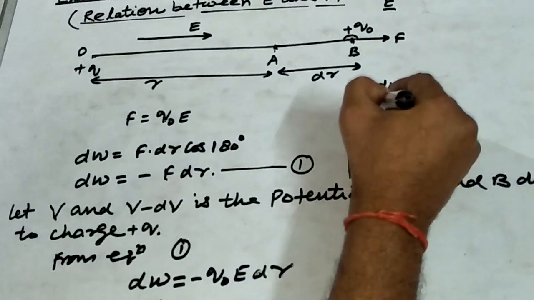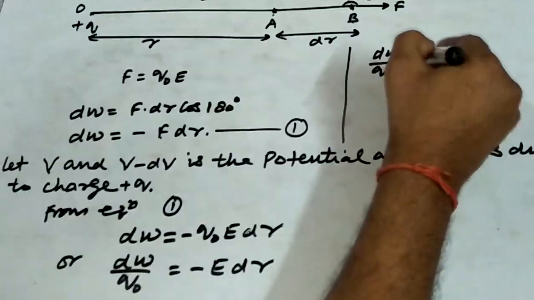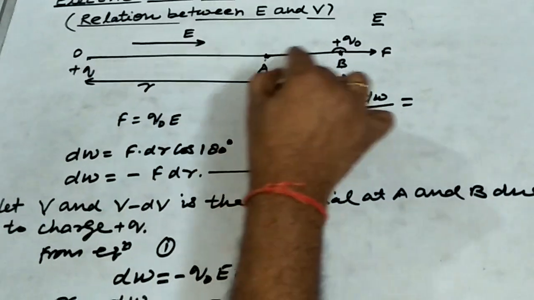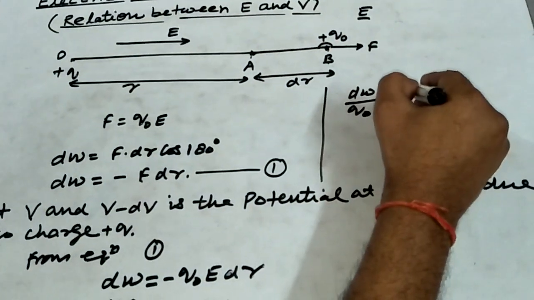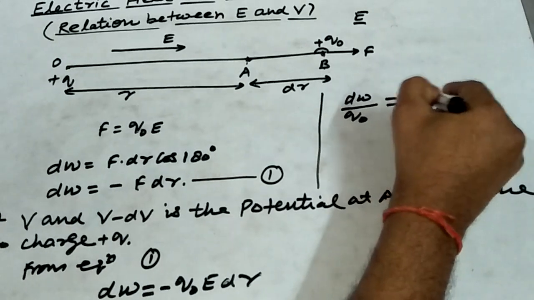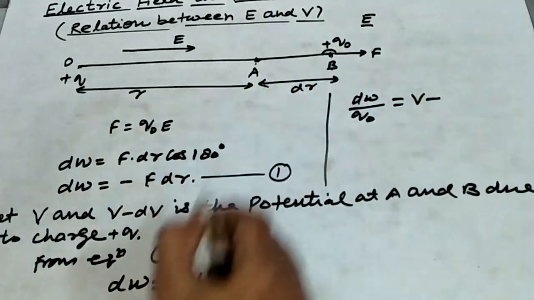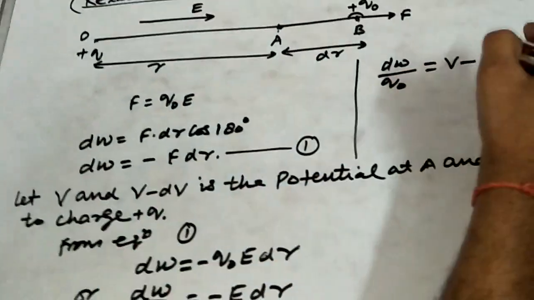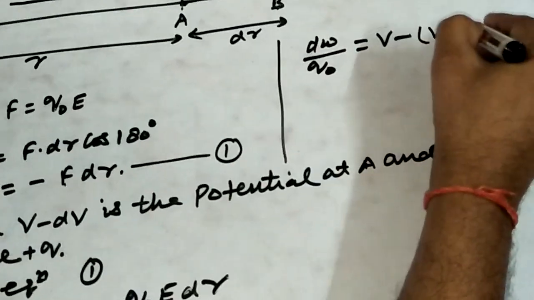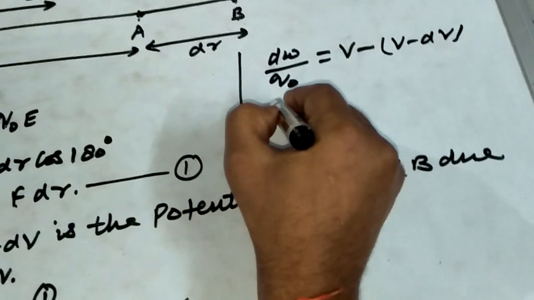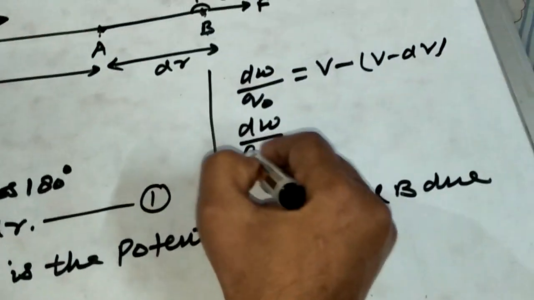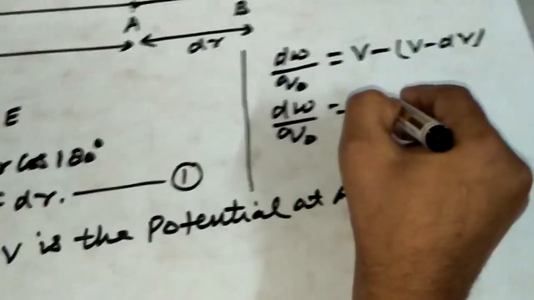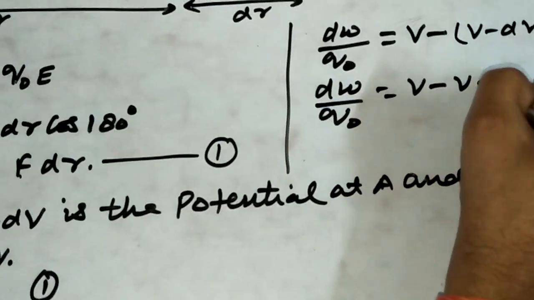dW upon Q naught is equal to the potential difference between A and B. It means potential at A, which is V, minus potential at B, which you have taken as V minus dV. So you can write V minus V minus dV, and this dW upon Q naught is equal to V minus V plus dV.